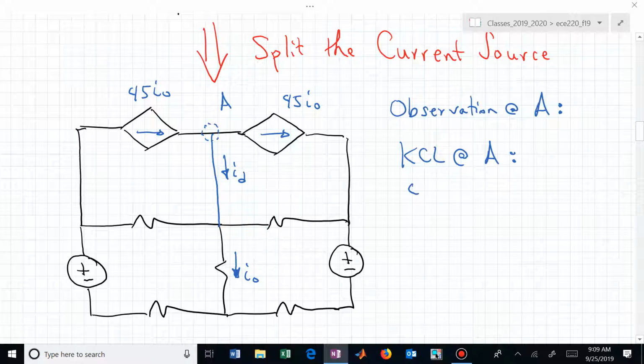Well, we have 45 I sub 0 into the node A, and going out I sub D and 45 I sub 0. And those dependent sources are going to yield or always provide 45 I sub 0 in their branch. What does that imply about I sub D?